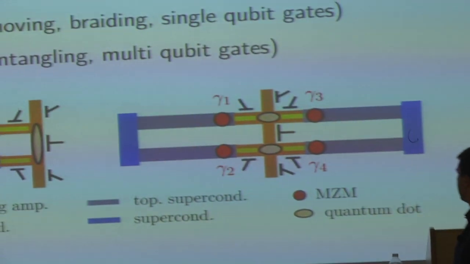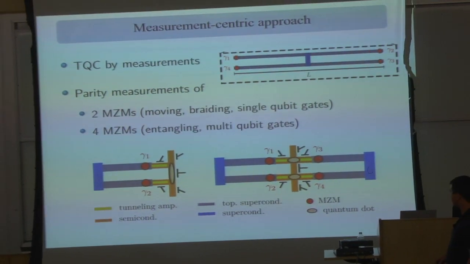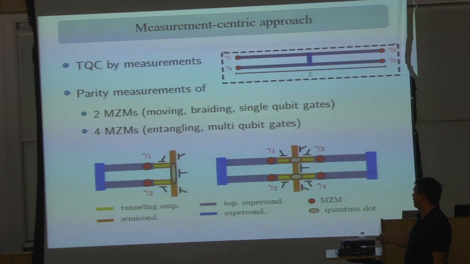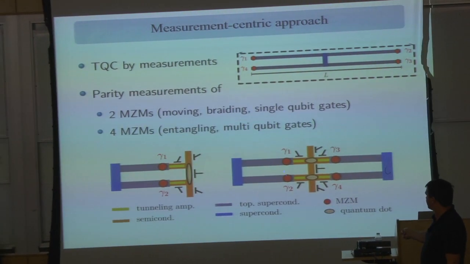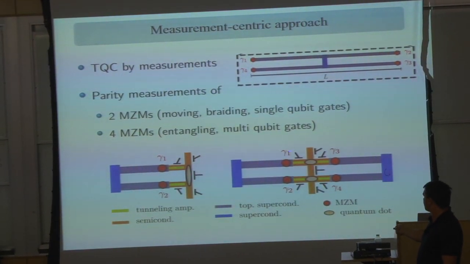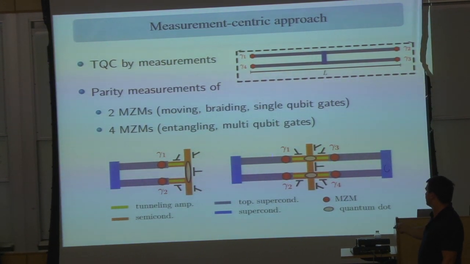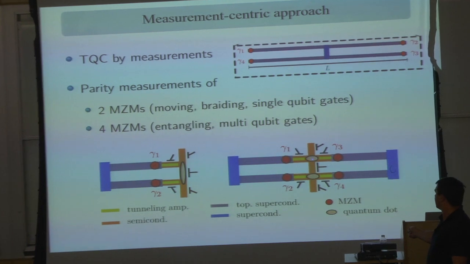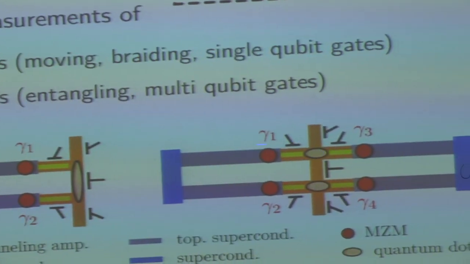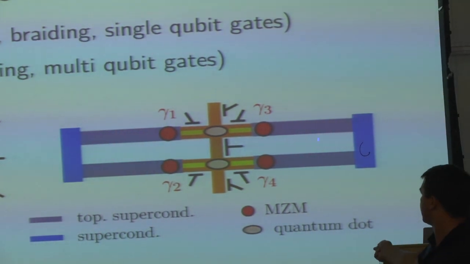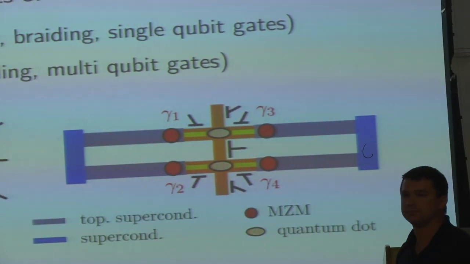So, if we have such a process for one pair of Majoranas, one can show that we can also perform 2-qubit gates and couple 2 qubits through the same loops. But in this case, an electron will tunnel from one dot, then tunnel out here, and then go to another superconductor and make this loop over here.